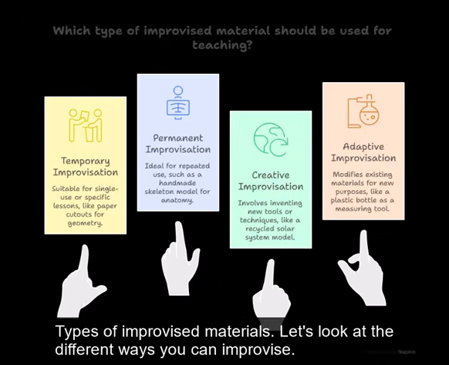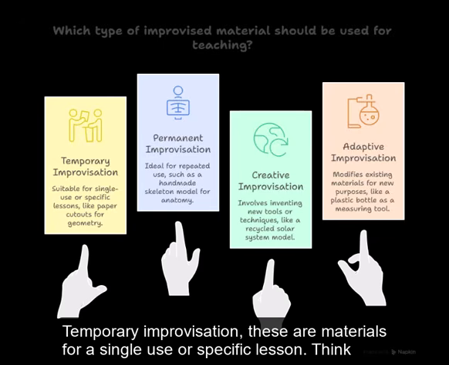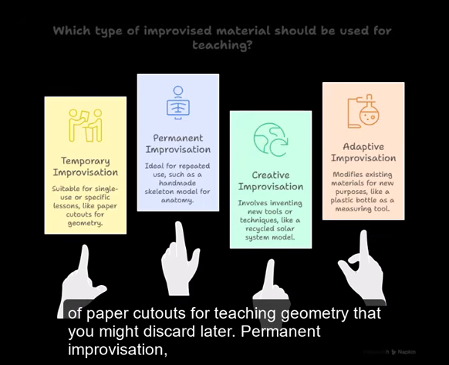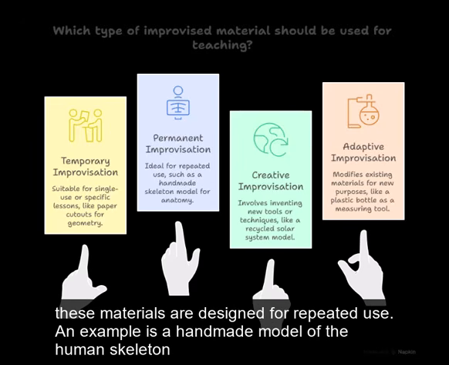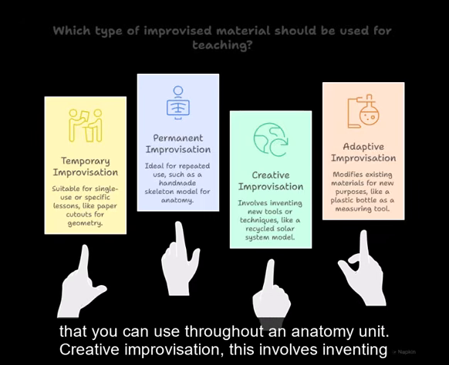Types of improvised materials. Let's look at the different ways you can improvise. Temporary improvisation, these are materials for a single use or specific lesson. Think of paper cutouts for teaching geometry that you might discard later. Permanent improvisation, these materials are designed for repeated use. An example is a handmade model of the human skeleton that you can use throughout an anatomy unit.